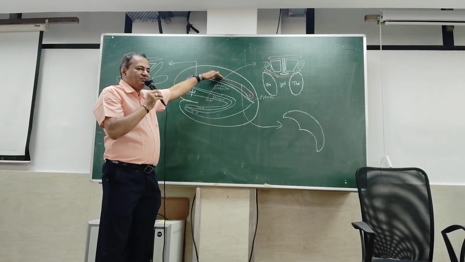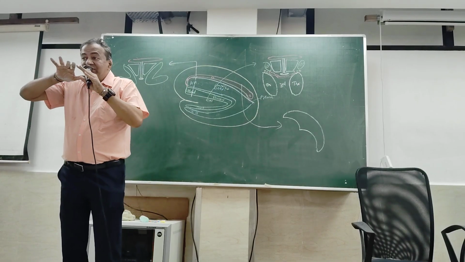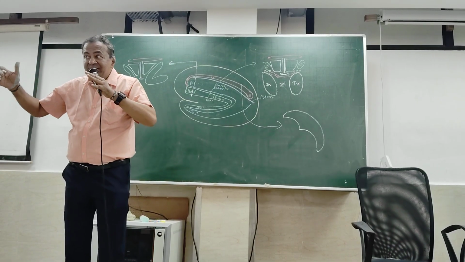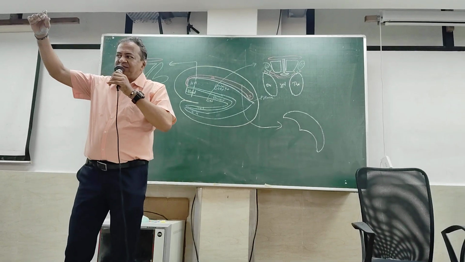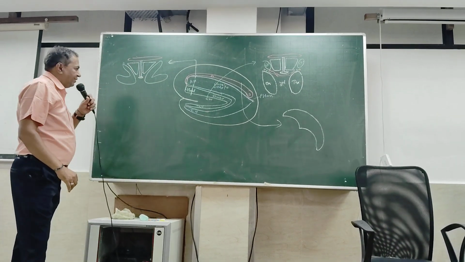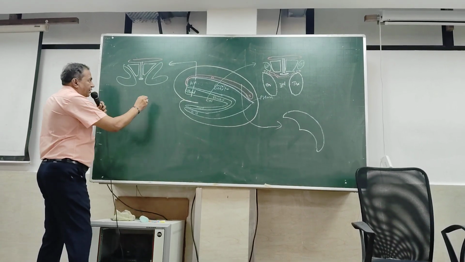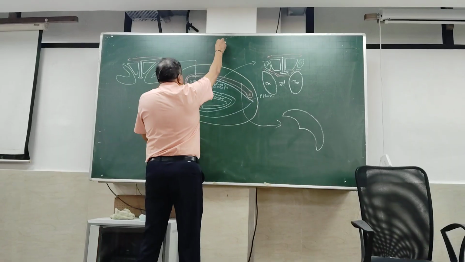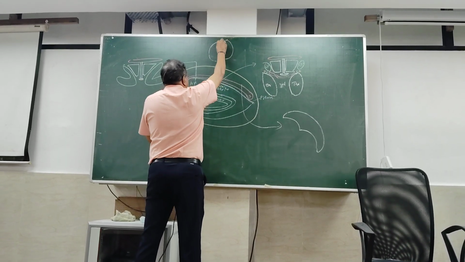Corpus callosum, which is here, its fibers pass like this. Corpus callosum का forceps major, forceps minor आपने देखा है कि नहीं मालूम नहीं, but it's my duty to tell you this concept. This is one cerebral hemisphere, this is another cerebral hemisphere.